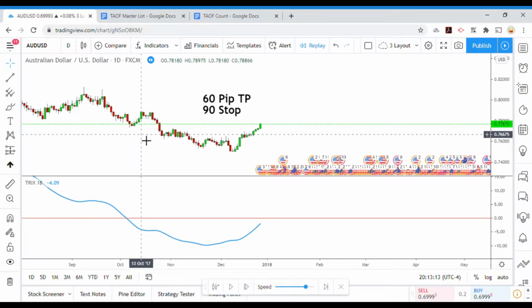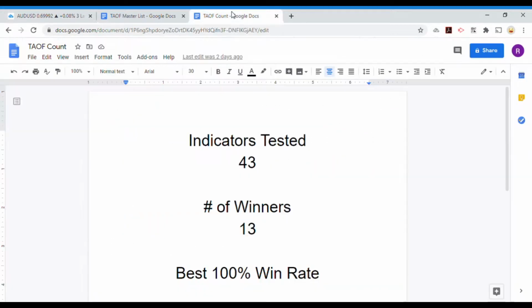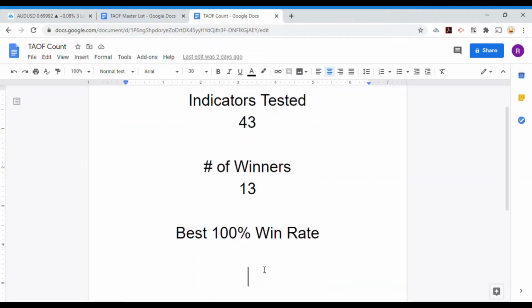Alright, as I said, today we will be testing the Trix indicator, but before we do, I wanted to put the indicator scoreboard up for everyone to see. So to date, we have tested 43 indicators, and out of those 43, 13 of them have met or exceeded the 60% win-loss ratio threshold that we have set. The best one so far was able to achieve a 100% win rate.